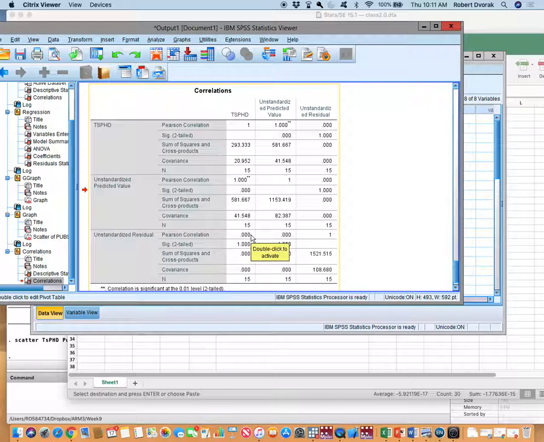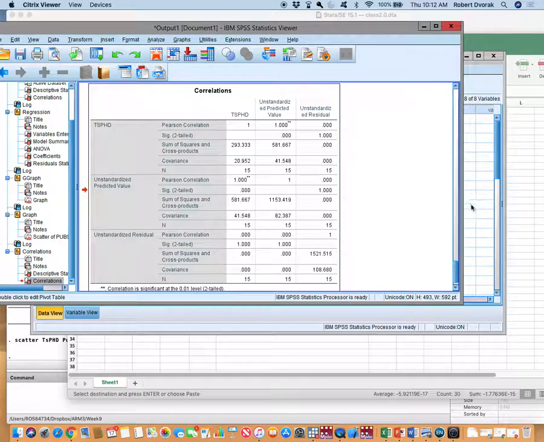There is no correlation, right? And that's exactly what we should be finding. So regression models are fitting a best fitting line, and the predicted model assumes a perfectly fitted line, right?